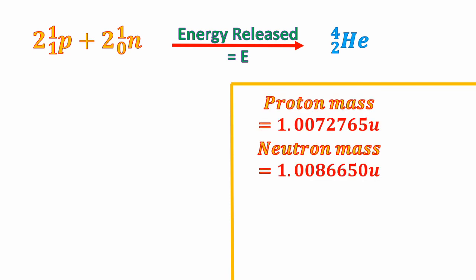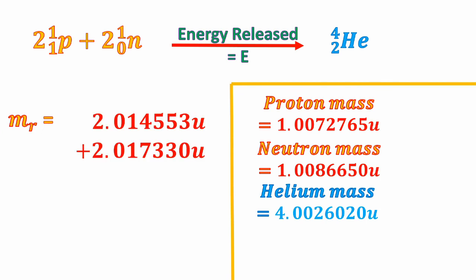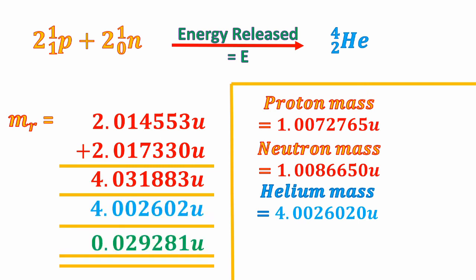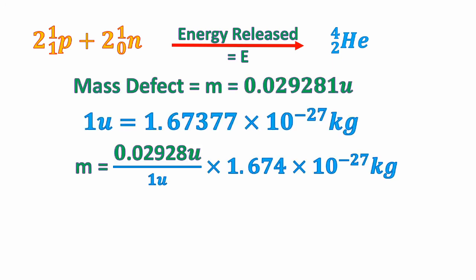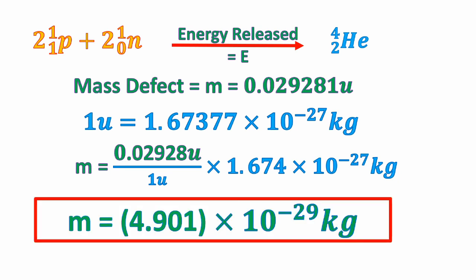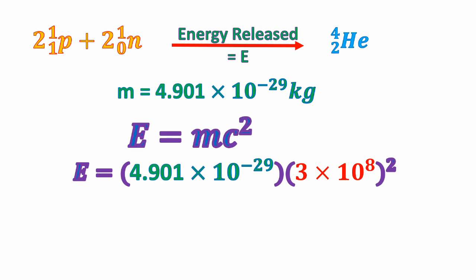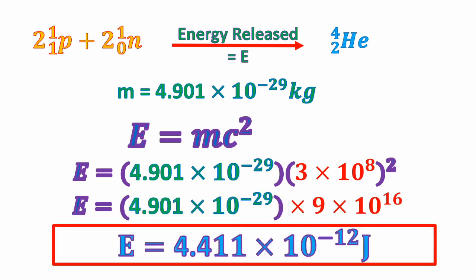So what you need to do is add the mass of the reactants and then subtract the mass of the helium atom, which gives you the mass defect. And then we again go through the motions of converting the mass defect into kilograms, and we plug it into the equation E equals mc squared, and you get the energy, which is the binding energy of the atom.